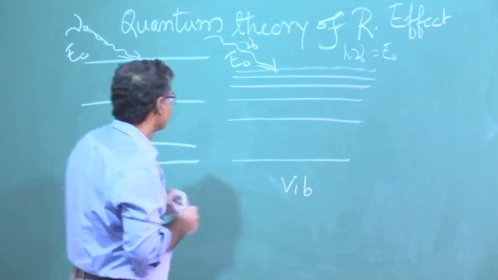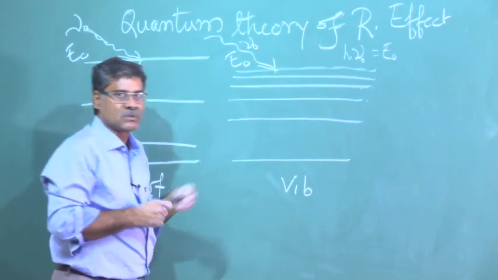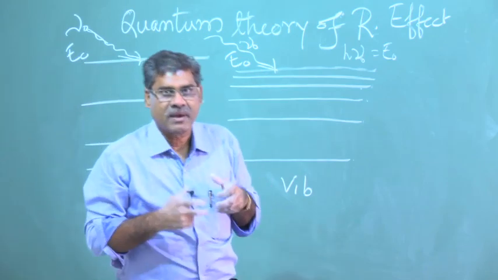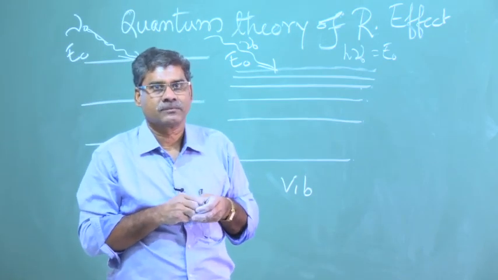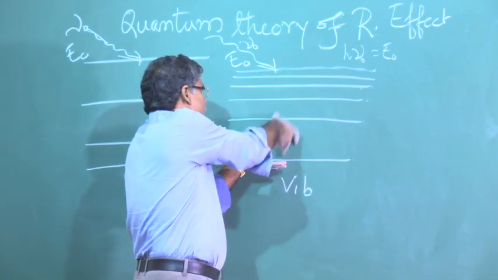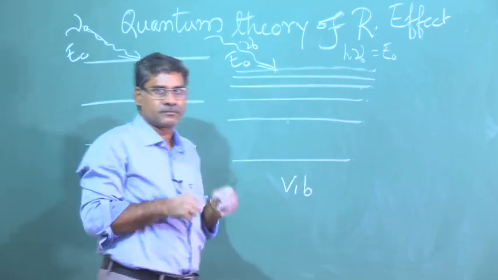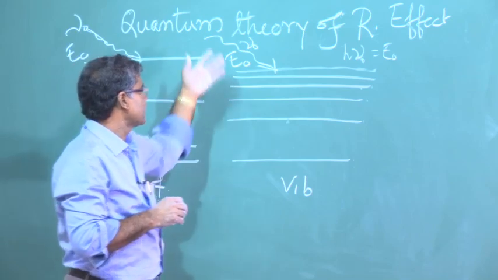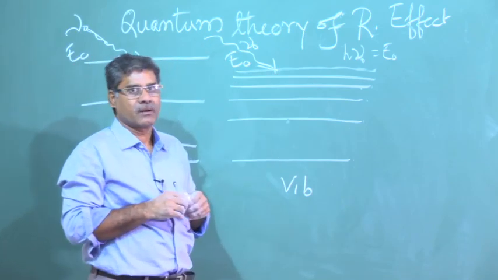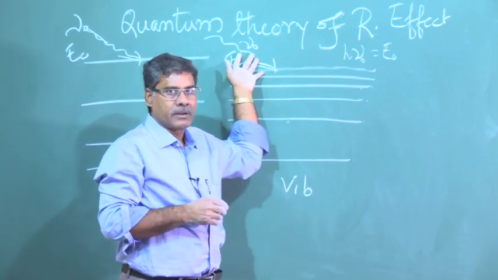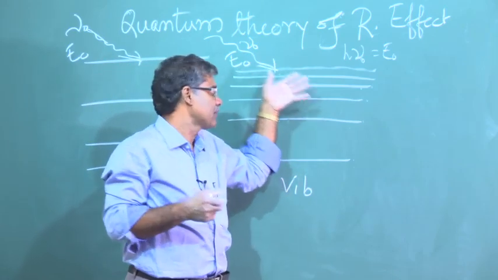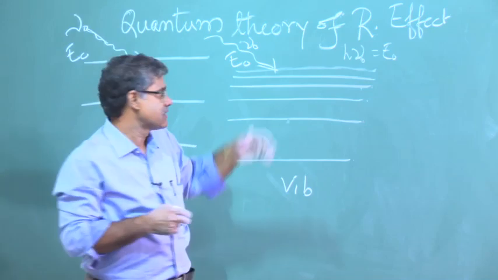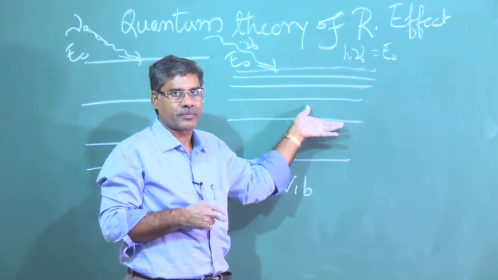Now, when h nu 0 equals E 0, these photons will fall on it. So, what will happen? These photons will be absorbed by the molecules if it matches with the particular transition. So, it may happen that the incident radiation falls on it.